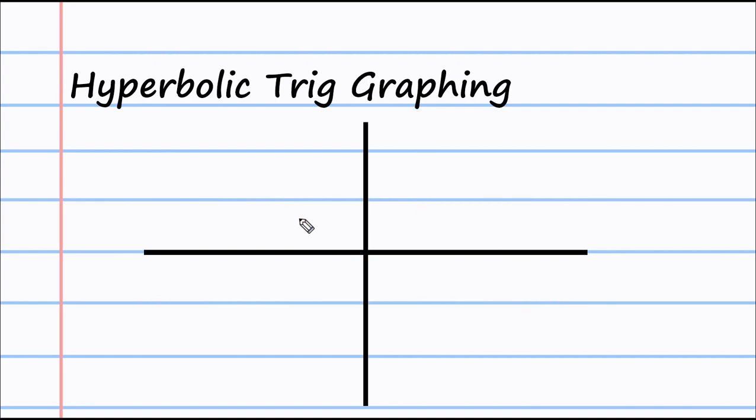Now, let's move on to sech x. Sech x, if you remember, is 1 over cosh x. The graph of sech x looks a little bit like a bell curve. It gets really, really close to 0 when you get further away from x equals 0. So it looks a little something like this, a bell curve.